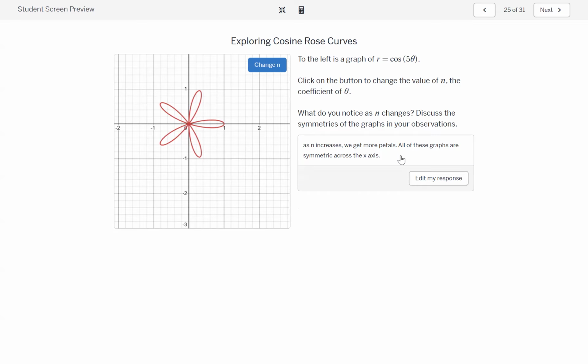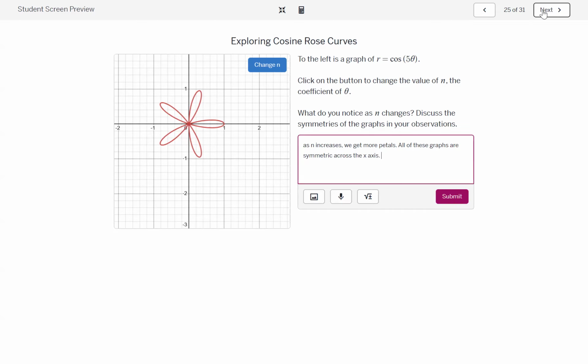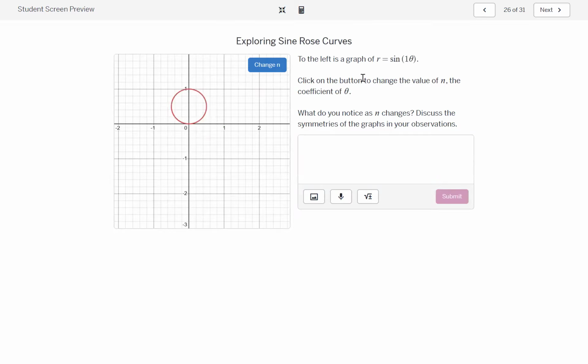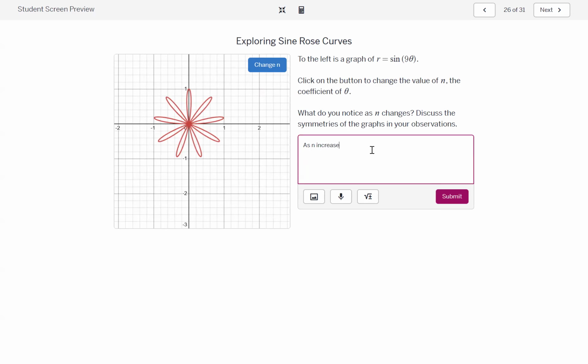But we're just typing in what we see. No right or wrong there. Now, when we look at different sine of n theta, I can see sine of 1 theta is symmetric across the y-axis. It's left-right symmetric. And then as I change n, it keeps the left-right symmetry. But it also does the same thing. As n increases, we get more petals.